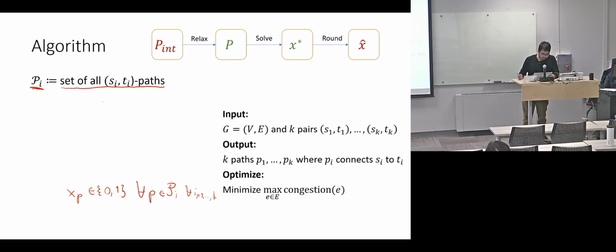Now, what would be the constraint which says that I need to connect from SI to TI?